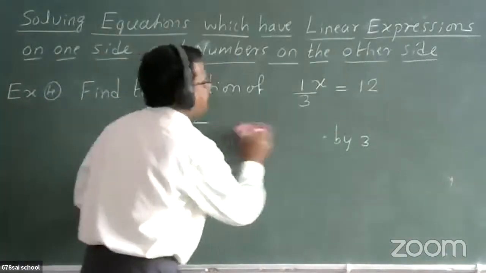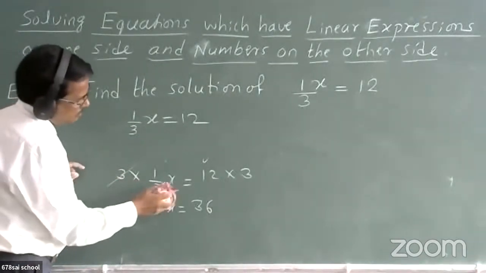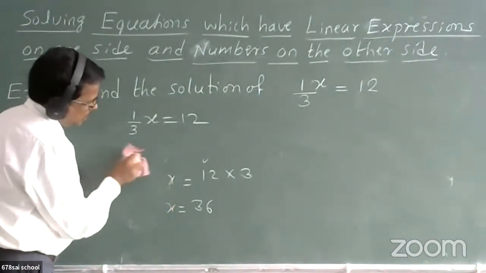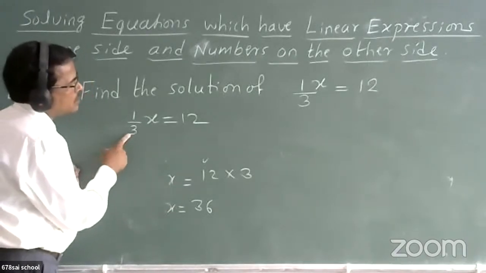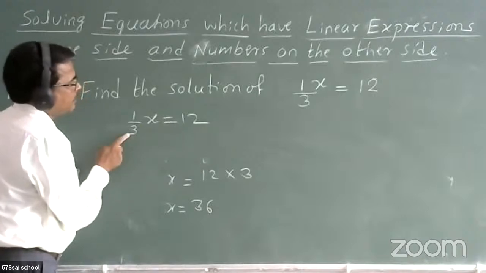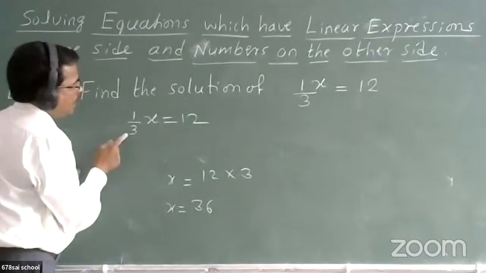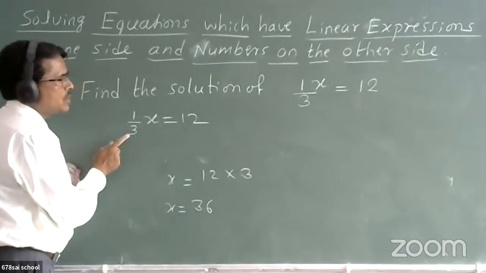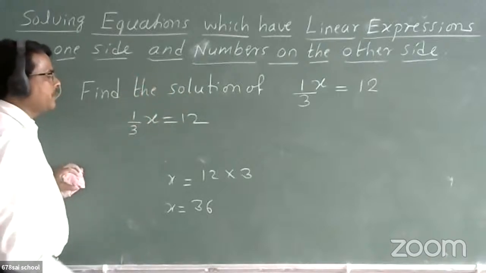It's very easy. This 3 cancel now. 3 cancel means I'll remove this. Now see what happened. This 3 has gone right side. It was a denominator, it has gone to numerator. When you transpose the number which is in the denominator, that goes in numerator.